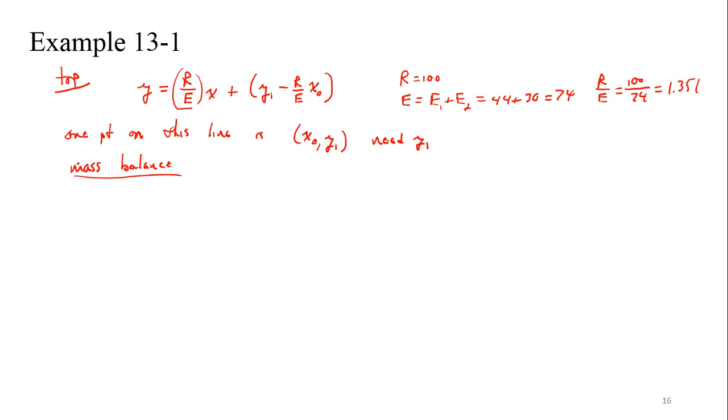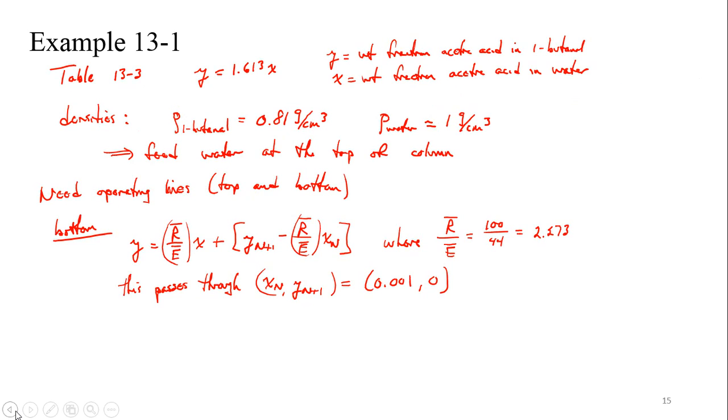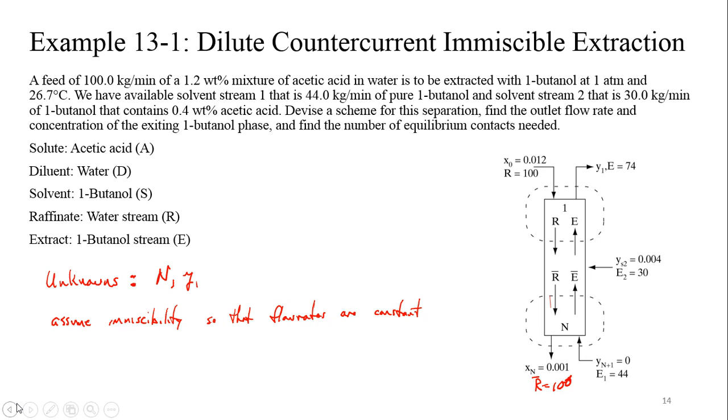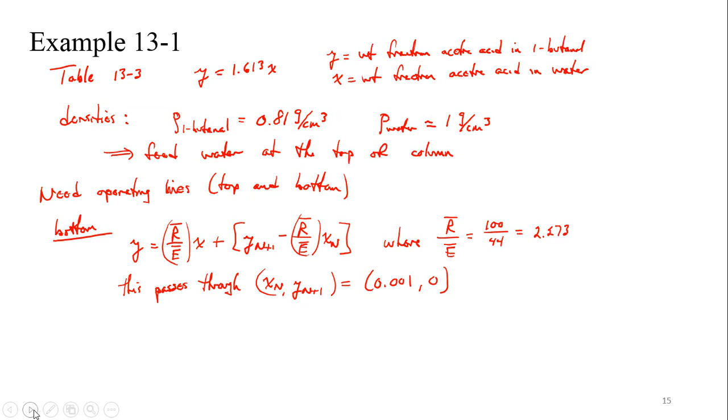Since we want a weight fraction of acetic acid, we should probably do a mass balance on acetic acid, right, for the whole column. So why don't we go ahead and do that? Let's just take a quick look at our diagram again, and we'll write down our mass balance.